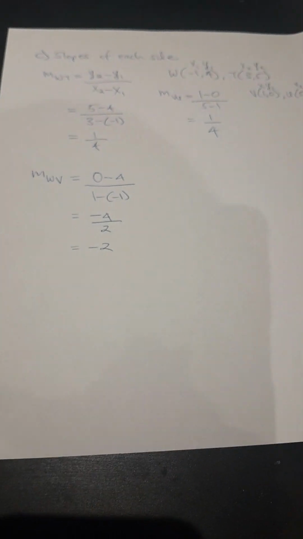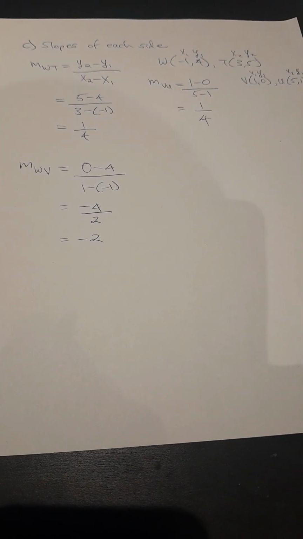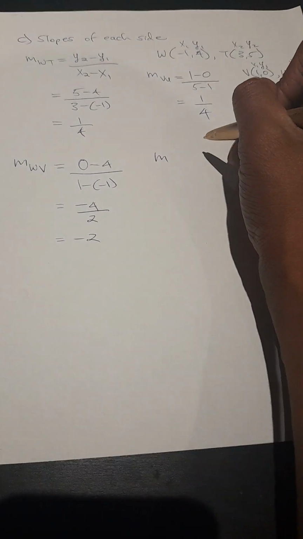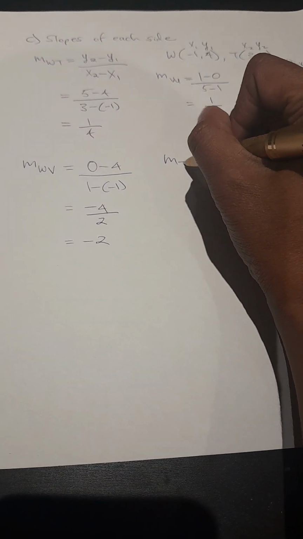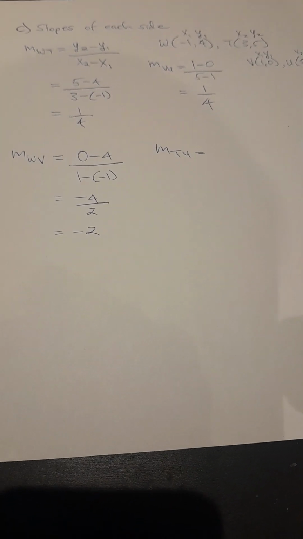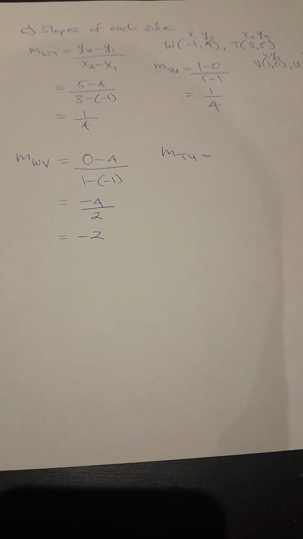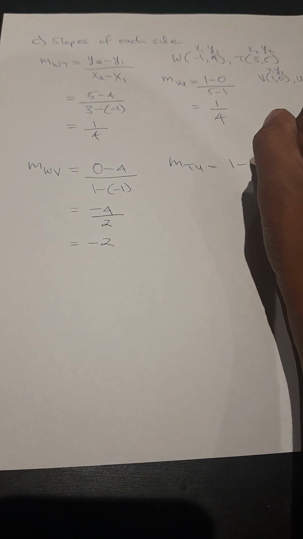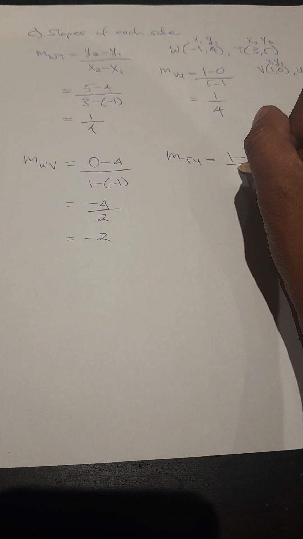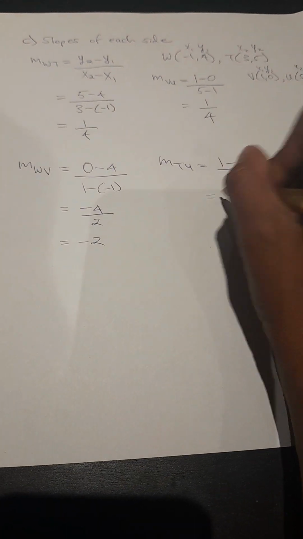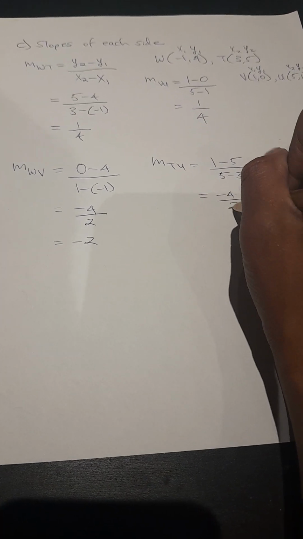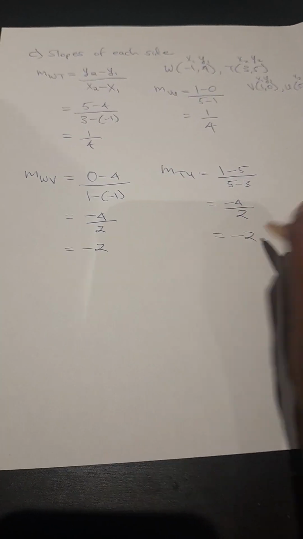And this becomes negative 2. So this is just the slope here. And then I want to do the slope of this last side, which is TU. As you can see right here, I'm going to do 1 minus 5 over 5 minus 3. Which I can see again, negative 4 over 2, which is equal to negative 2.